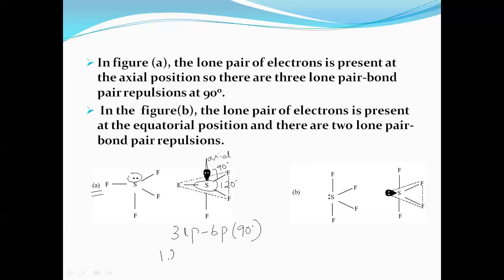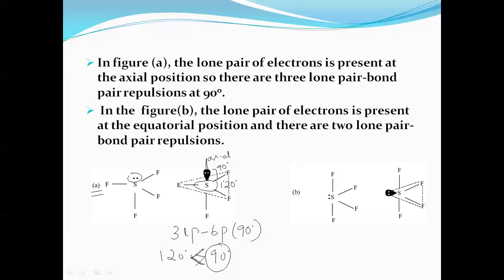We know that 120 degrees repulsion is less than 90 degrees repulsion. That means the lone pair placed at the 90 degrees position will face the maximum repulsion when compared to one placed at 120 degrees.